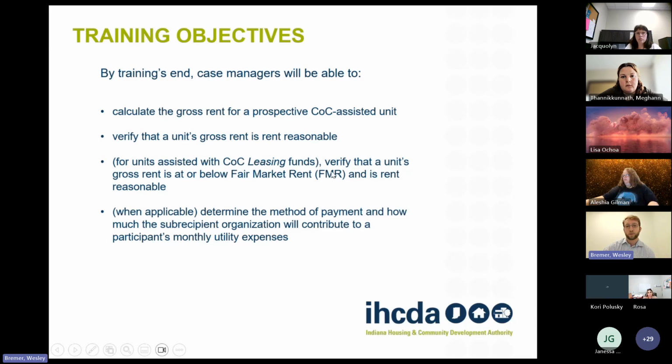I should say those who are subrecipients of IHCDA. We have a nice visual on this distinction in 3 or 4 slides, so more on that later. And then the fourth bullet, if ever a utility reimbursement is in order, that the agency needs to pay that to the household. We'll talk about methods for doing so. And that should be a pretty short talking point. But I'm going to turn it over to Megan, who's going to instruct a little bit on gross rent.